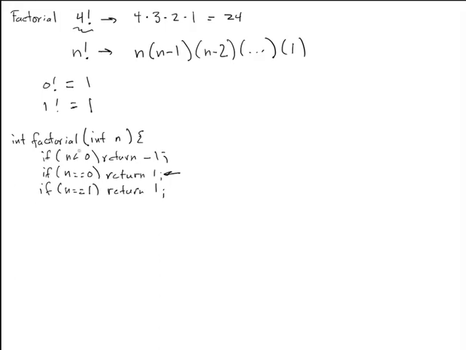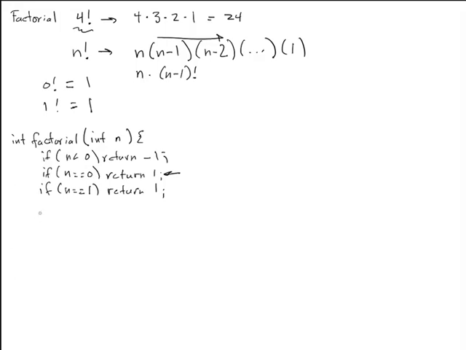So the next thing we need to do is we know that our definition looks like this: n times n minus 1 times n minus 2. Okay, well, we can do that. We can return n. Oh, well, actually, what we should note is that this pattern repeats. So really, this is like n times n minus 1 factorial. Interesting. We can do this in our code, right?